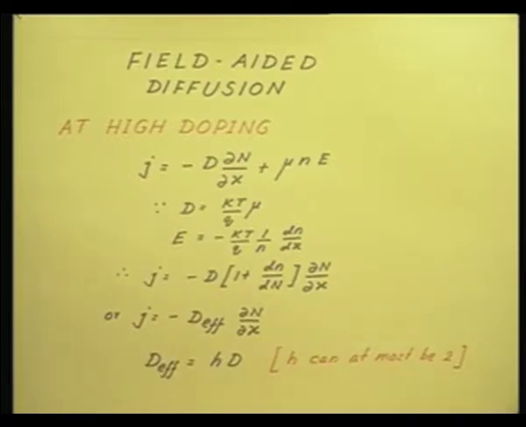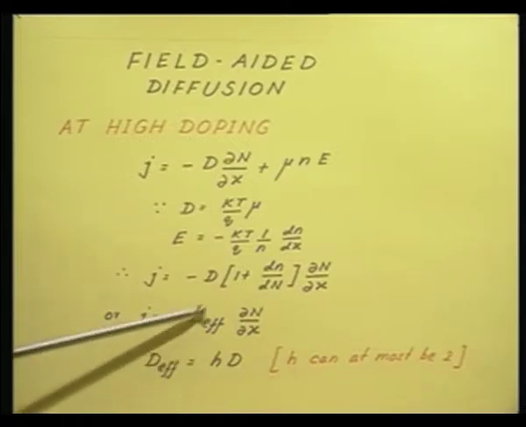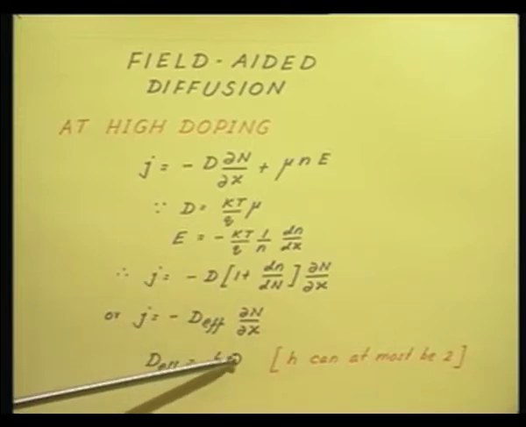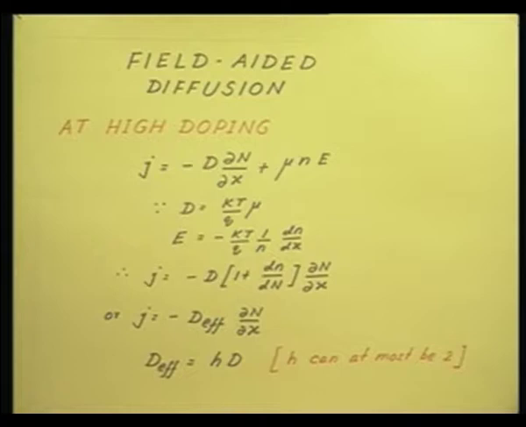right. So, if I take this field aided motion of the impurity ions, then the flux will be given by minus D effective del n del x, where D effective is H D. H can at most be equal to 2, and this H is called the field aided factor, or field enhancement factor.